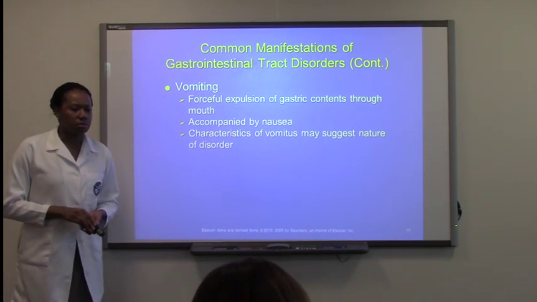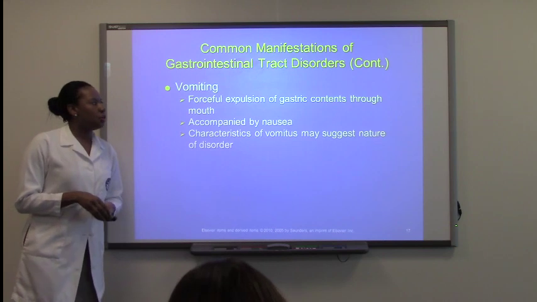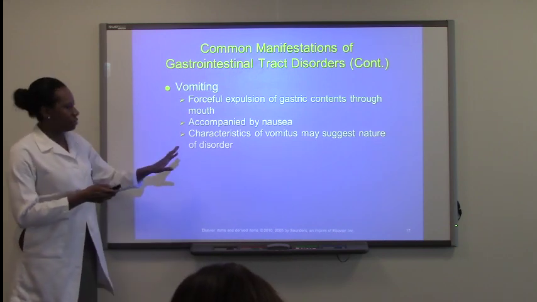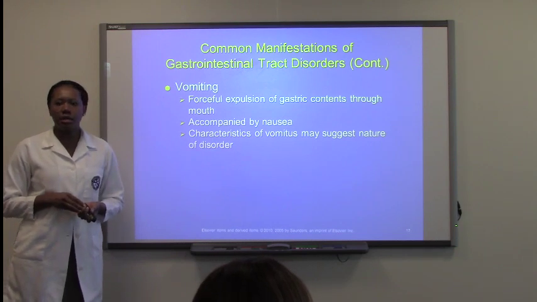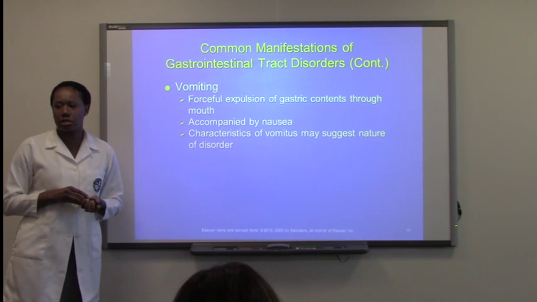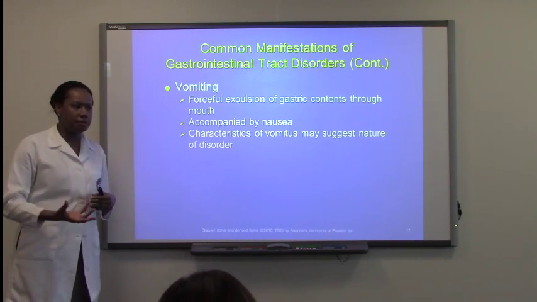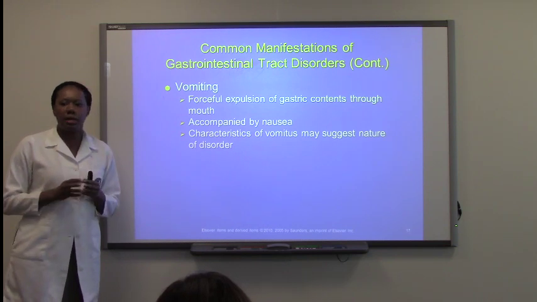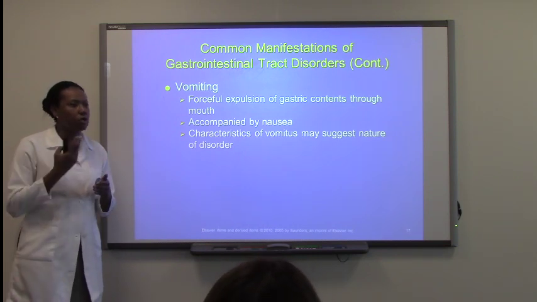Now, vomiting. One thing I do want you to know that's not on this slide is that vomiting can be accompanied with nausea. Oh, they do have it. It can be accompanied with nausea. Nausea is the sensation or the feeling that you have to vomit. And please keep in mind that sometimes a person can just have nausea without the vomiting, or both.